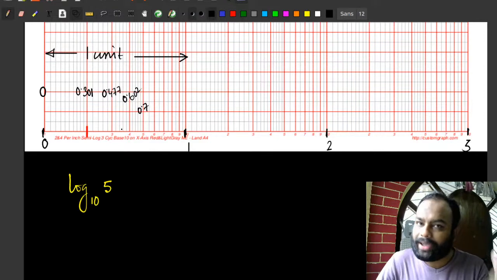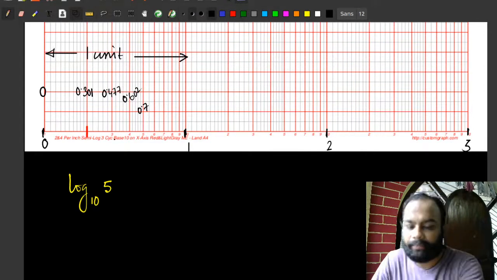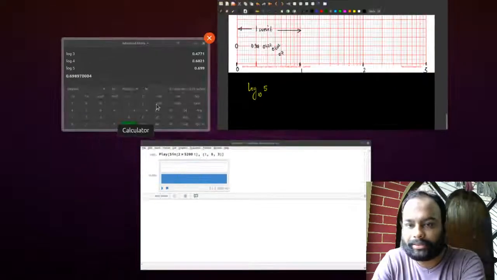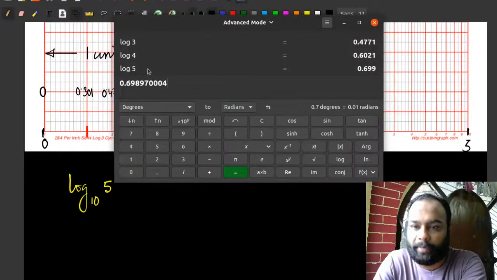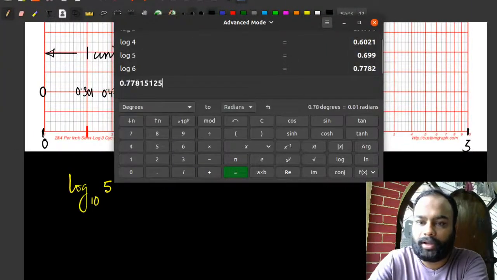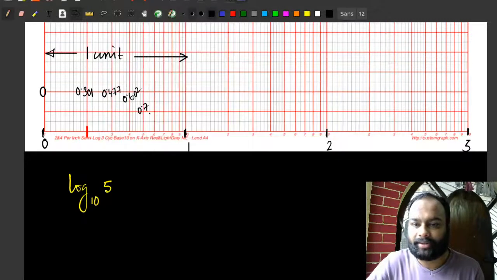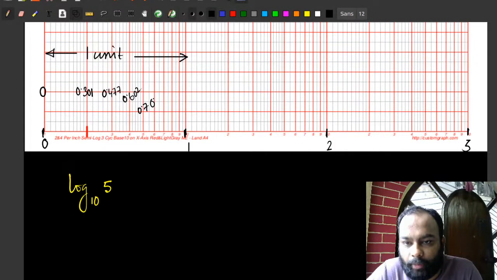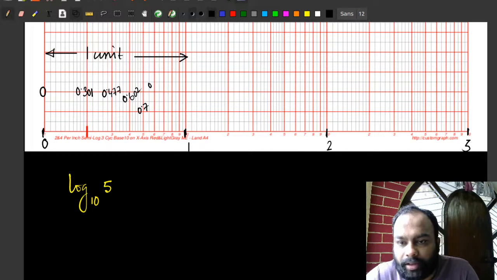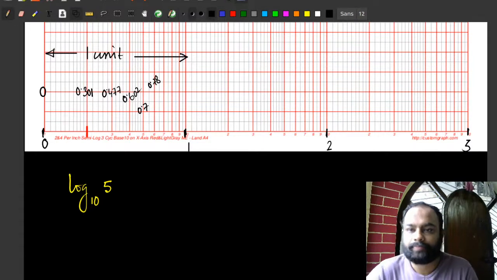And again, if you calculate this, you would see that this length would be log of 6. So 0.78 to be very exact. So this is going to be 0.78. Okay. And so on.